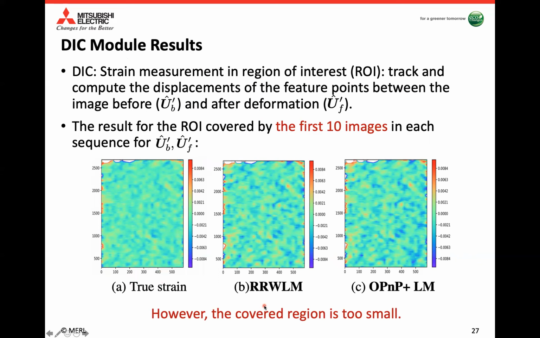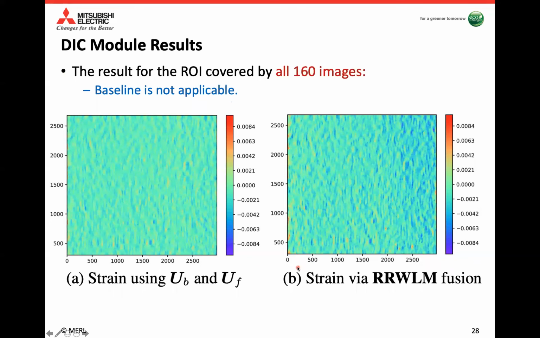However, the region covered by 10 images is too small for the later DSC. We need to stitch more images for a full field of the large 3D surface. When using image stitching with all the 160 images, which is a very large field of the surface, the baseline is not applicable owing to accumulation of errors. Our method, though, can achieve applicable results compared to the ground truth.